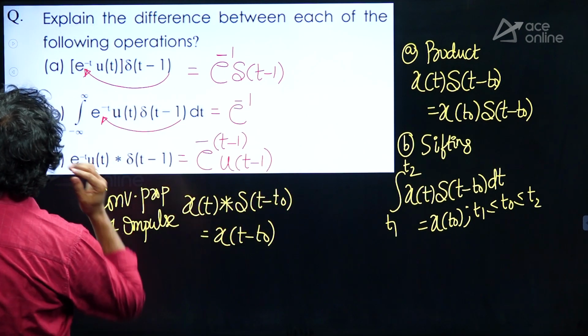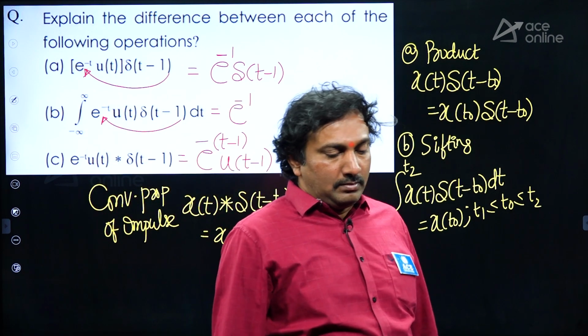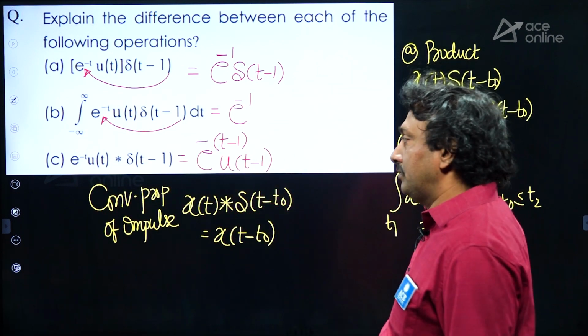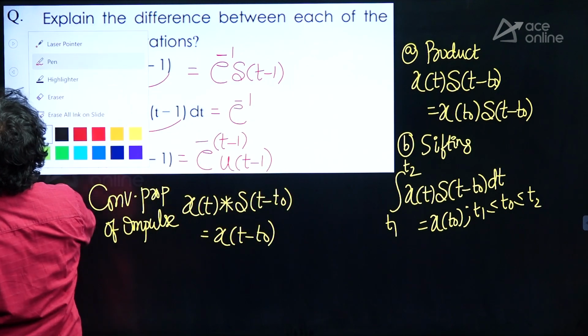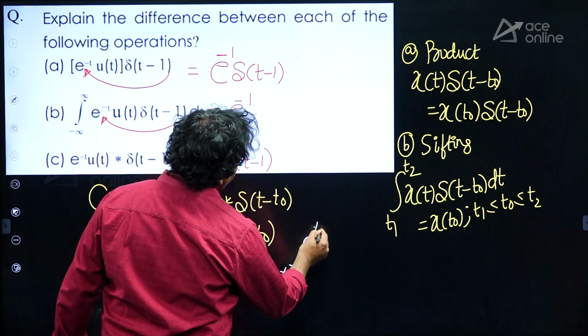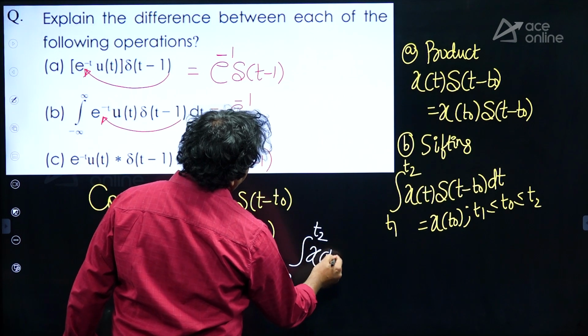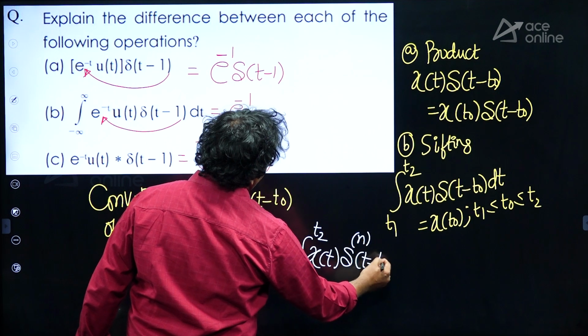Del dash is not that important, but it is only for the property's sake that we will use it. There is no such importance about that function. Only the sampling property can be extended to derivatives. With respect to the GATE paper, they have never asked a question related to that.